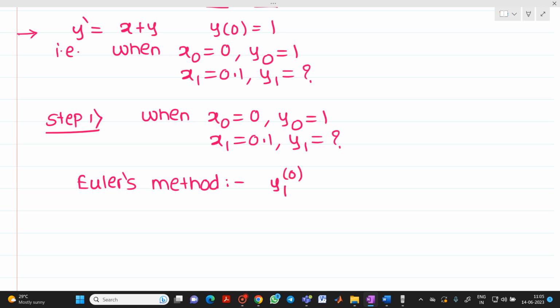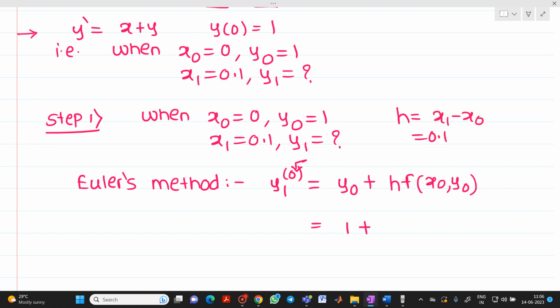There are two formulas. One is the predictor, second is the corrector formula. So the predictor formula is y1(0) = y0 + h f(x0, y0). This 0 indicates that this is your initial value. So what is y0? 1. What is h? How to find it out? h will be equal to x1 minus x0, so 0.1 minus 0, you will get 0.1.